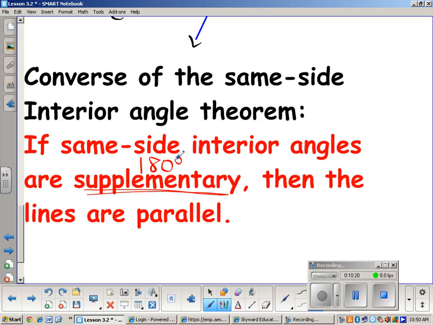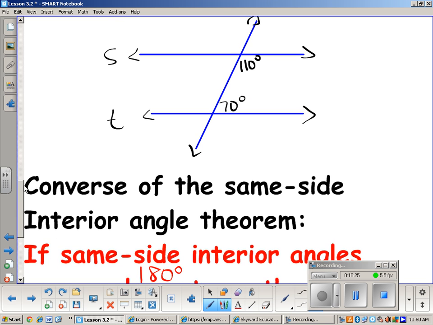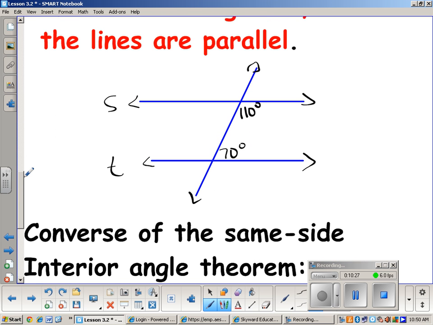So let's back up to our drawing here. There's our diagram. I have my first angle, which is 110 degrees, and my second angle, which is 70 degrees.